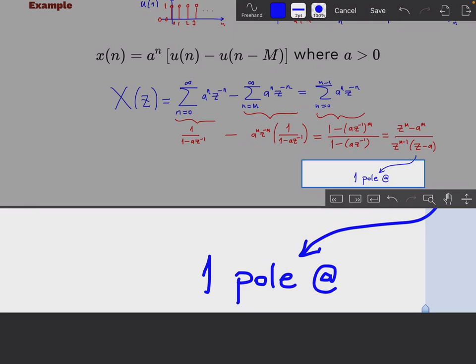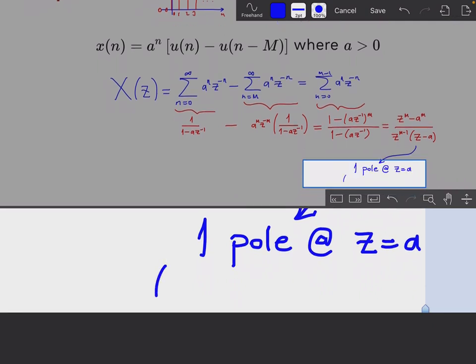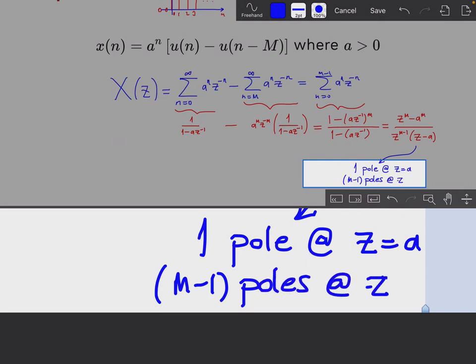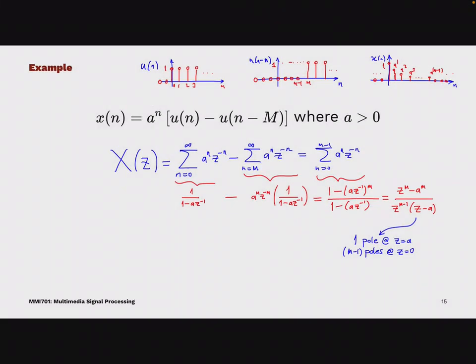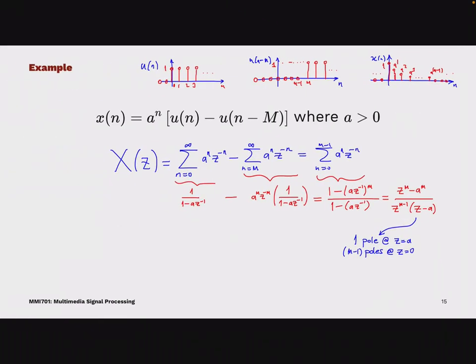So we have one pole at z equals a, and m minus 1 poles at z equals 0. Okay, that is nice. So then the question is, what are the zeros of the second sequence?